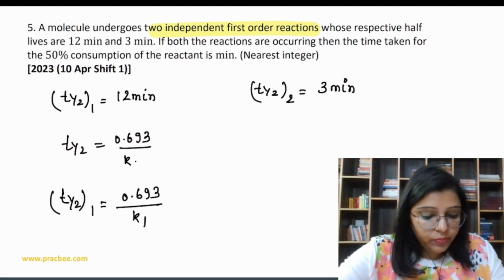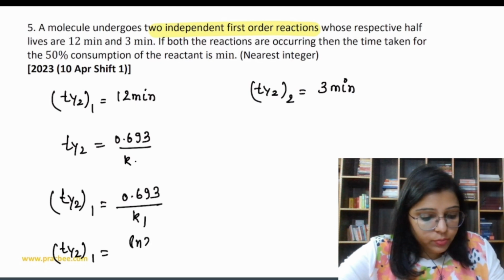Similarly for the second one, we can write T half 2 is equal to ln2 upon K2.